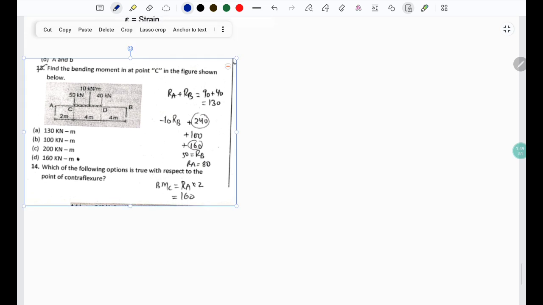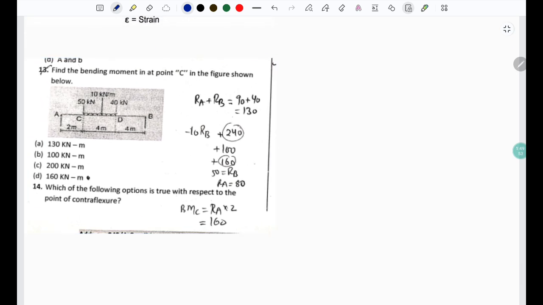Let's see another question, which is a simple SFD BMD question where we have this situation. This is our reaction, and we have a UDL and 2 point loads of 50 kilonewton and 40 kilonewton.